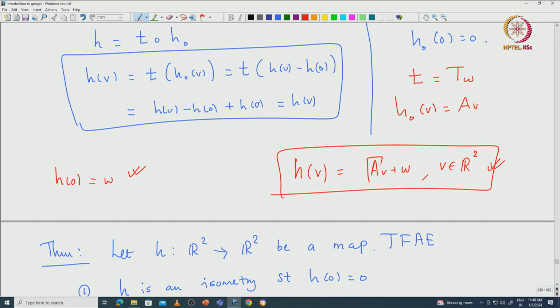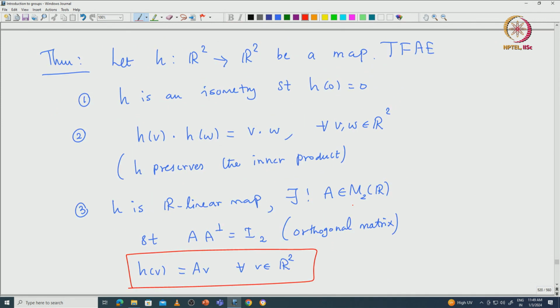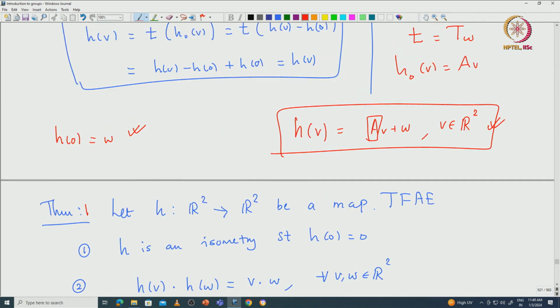This capital A is uniquely determined by H naught, because that is what theorem 1 says. The existence of A is unique with respect to this isometry that fixes origin. So, A is uniquely determined by H naught and H naught is uniquely determined by H. That proves that both A and W are uniquely determined by H.